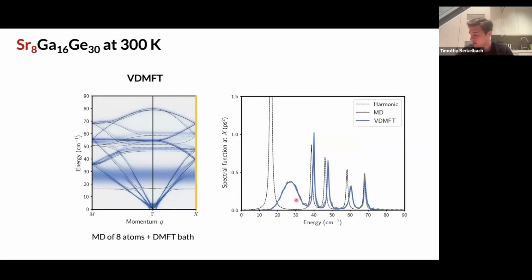And it has acquired a very large line width and thus a short lifetime. In fact, its lifetime is less than about a picosecond, which is an extremely short phonon lifetime. Obviously that's entirely due to the presence of strong anharmonicity of these rattling atoms inside of their clathrate cages. And the agreement between DMFT and molecular dynamics here, again, is essentially quantitative.